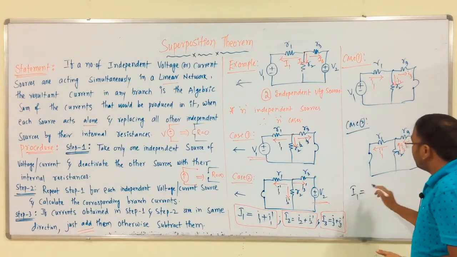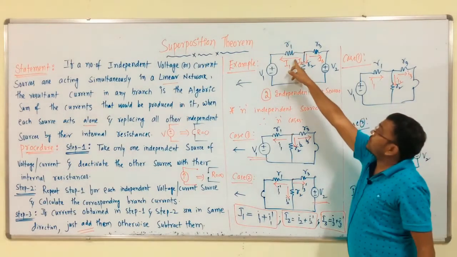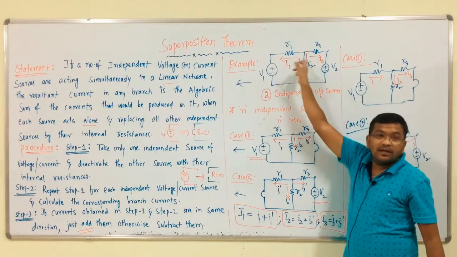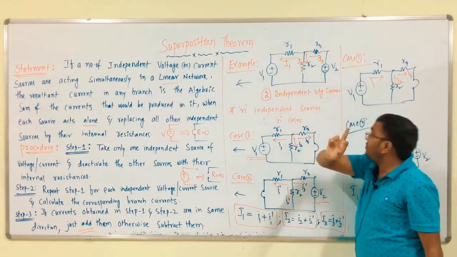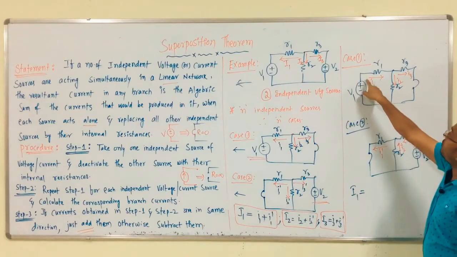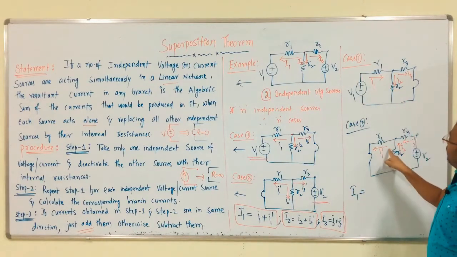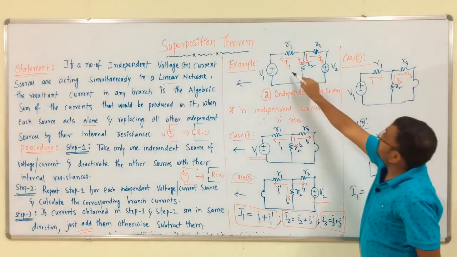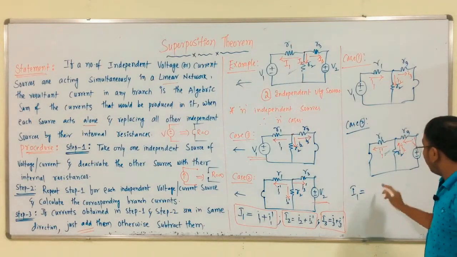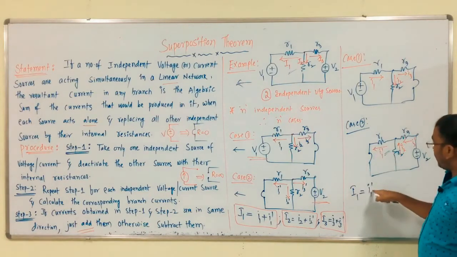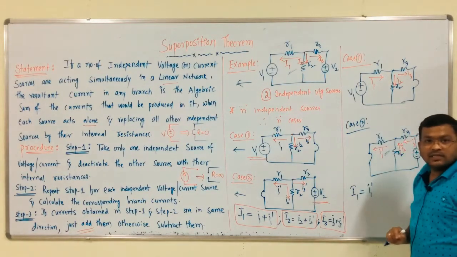Capital I1 is nothing but the direction is from node to other side, no? Means right to left. Coming to this case, it is from left to right. It is from right to left. So, these two currents, I1 current and I1 dash current, directions are same, no? So, we have to write I1 dash first, because these two current directions are same.